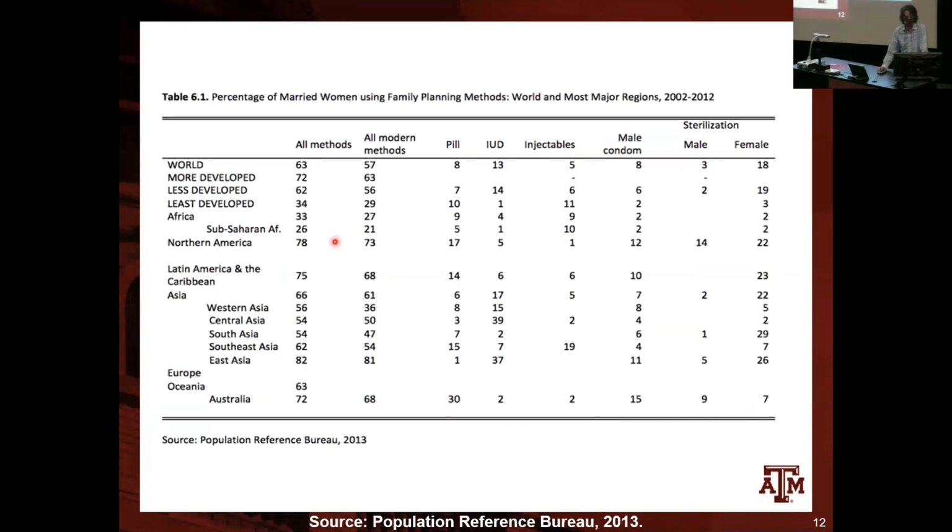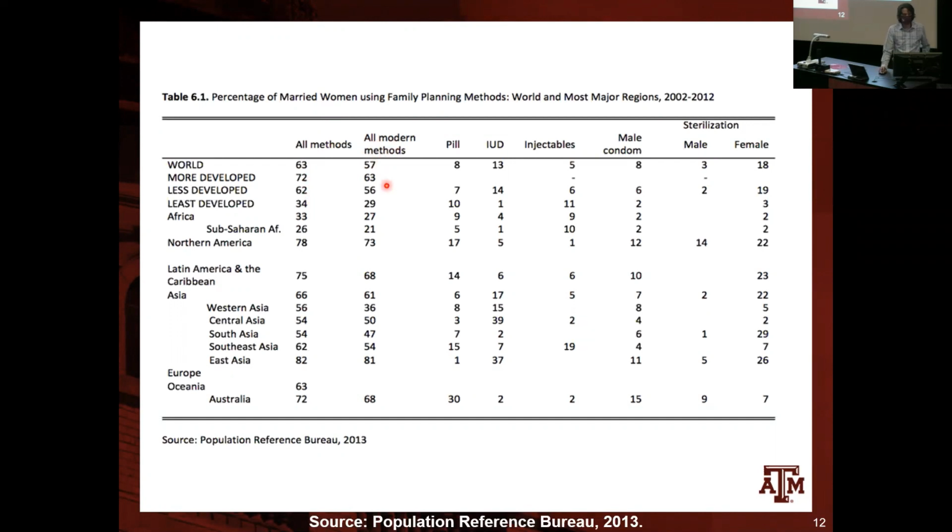Here we see the percentage of married women who are using any kind of method around the world: more developed countries, less developed, and the least developed. This is the percentage of married women using modern methods.